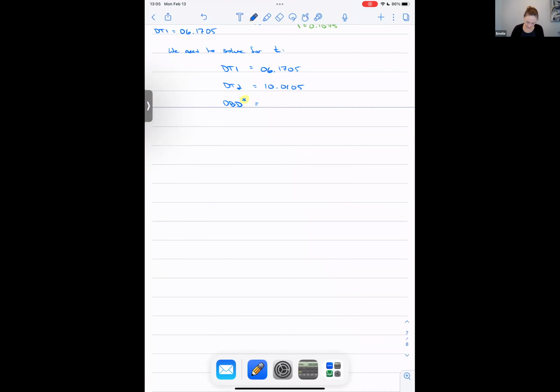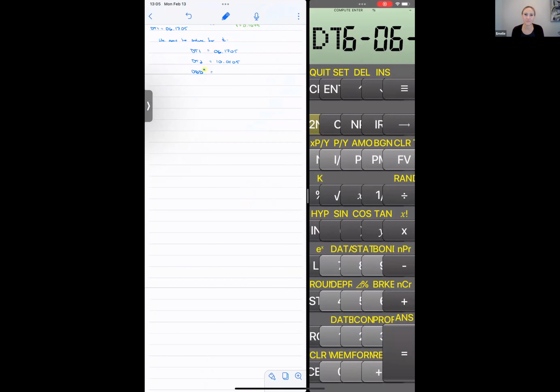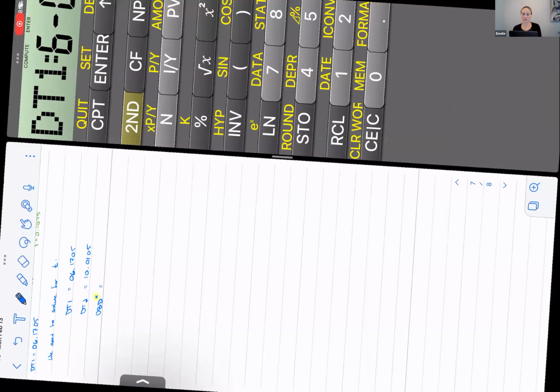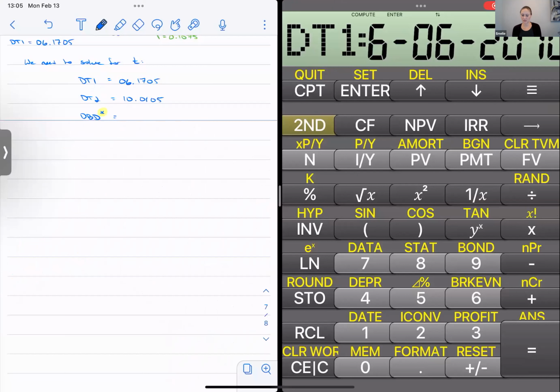Okay. Now I'm going to try something. How do I do squished? I thought maybe I could. That's okay. Let's try it. So date 1, I'm in the days between dates calculator.